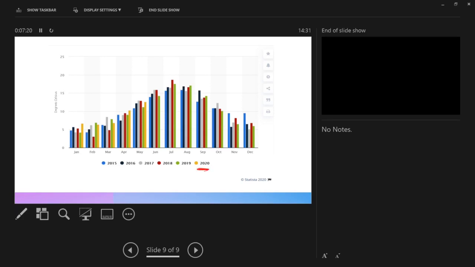2020, we can see obviously this bar here is where 2020 stops. Because it's this color here, we can say that these statistics are true up to May of 2020.